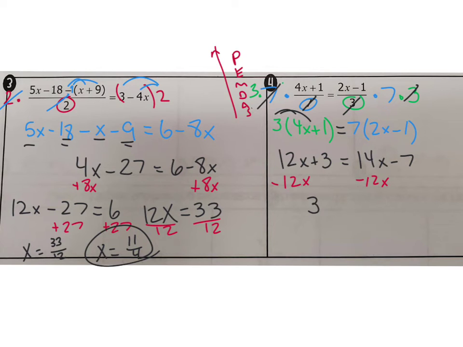I'm going to end up with 3 equals 2x minus 7. I'm going to add 7 to both sides. I'm going to get 2x equals 10. Divide both sides by 2. x equals 5.